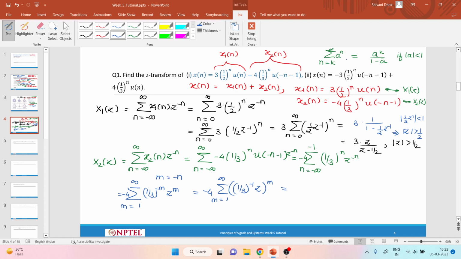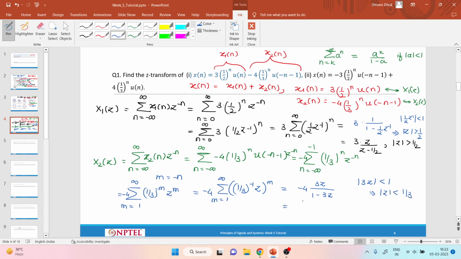Now if I use this formula, here my k is equal to 1. So using this formula, I can write it as minus 4 into 1 by 3 inverse z, or let's say 1 by 3 inverse is simply 3z, upon 1 minus 3z, but here my magnitude of 3z should be less than 1, which implies that my magnitude of z should be less than 1 by 3.